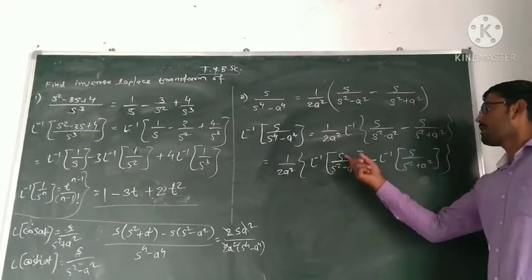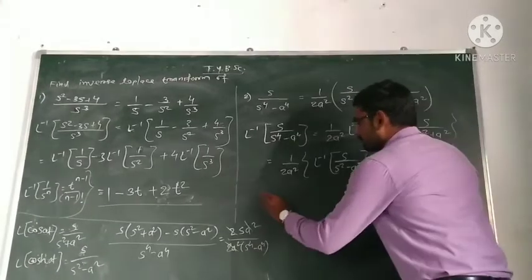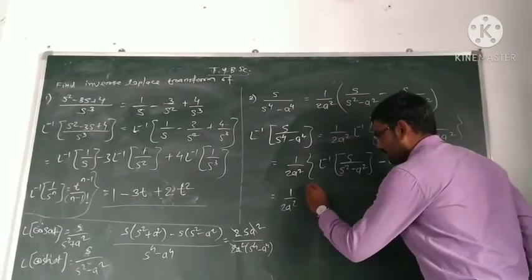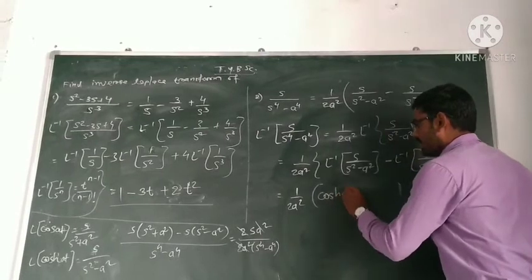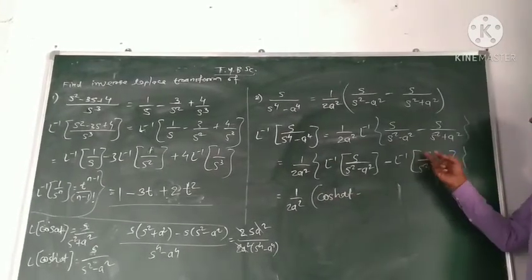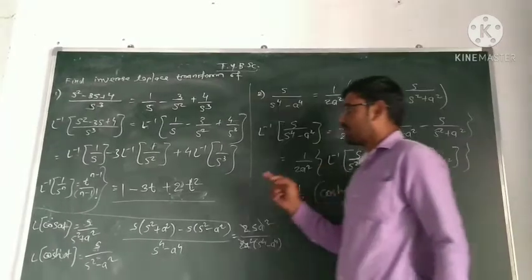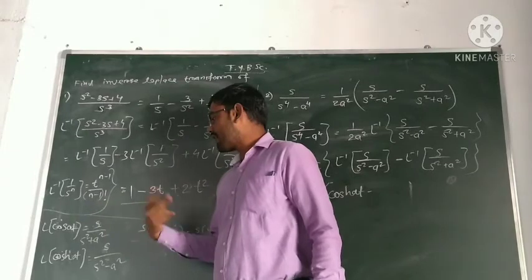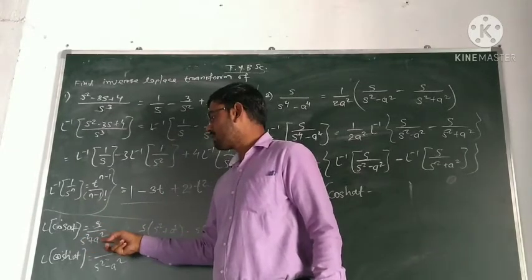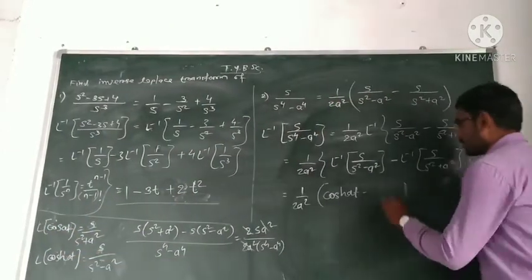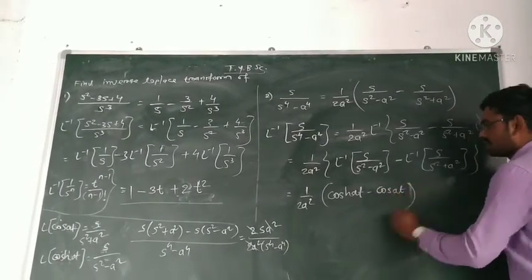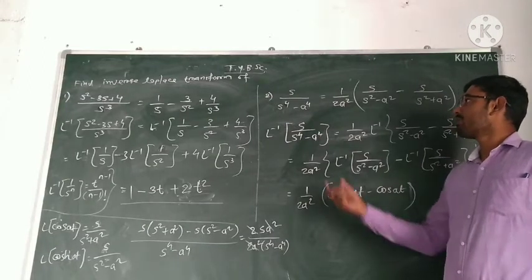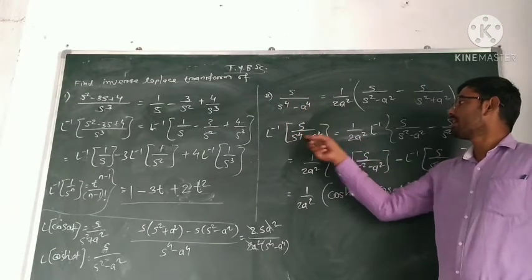So cosh at minus the inverse Laplace transform of s upon s square plus a square. The Laplace transform of cos at is s upon s square plus a square, so the inverse Laplace transform of s upon s square plus a square is cos at. So minus cos at. This is the answer for the inverse Laplace transform of s upon s raised to power 4 minus a raised to power 4.